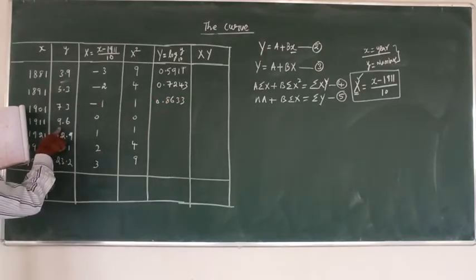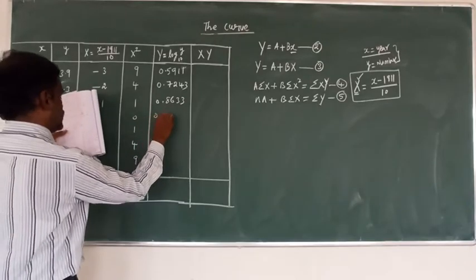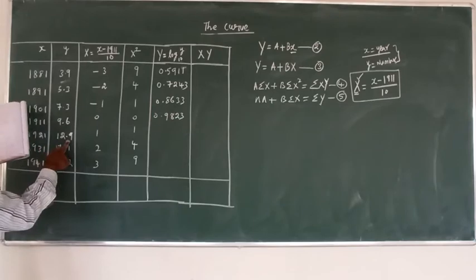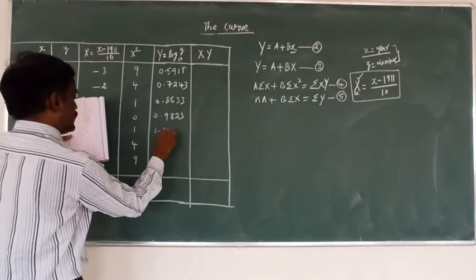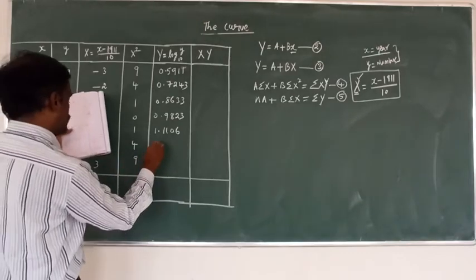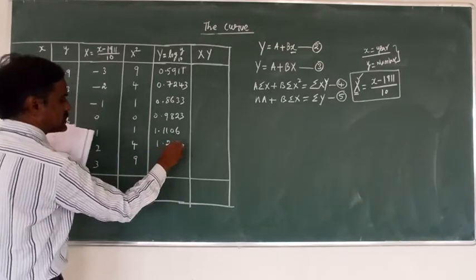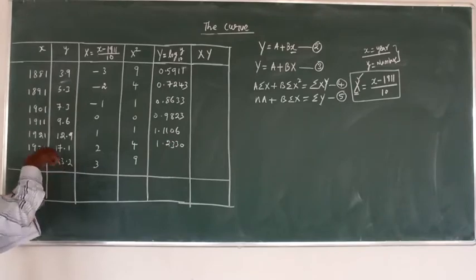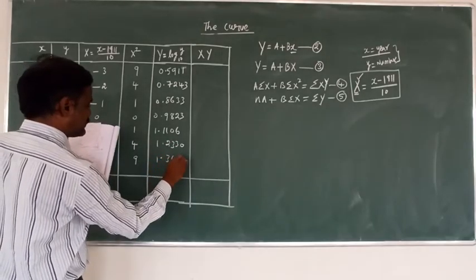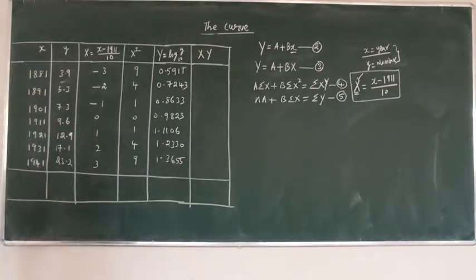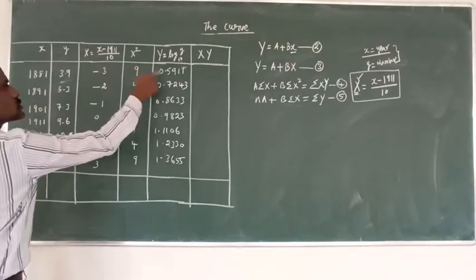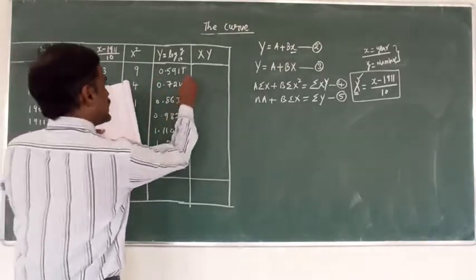Next 9.6 log, 0.9823. Next log 12.9, 1.1106. Next log 17.1, 1.2330. Next log 23.2, we will get 1.3655.